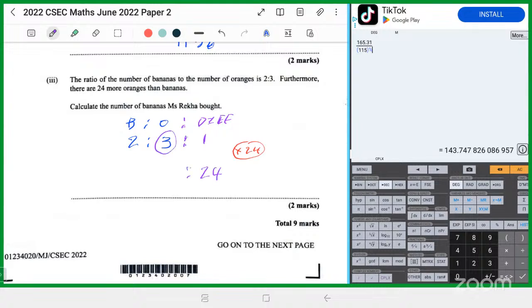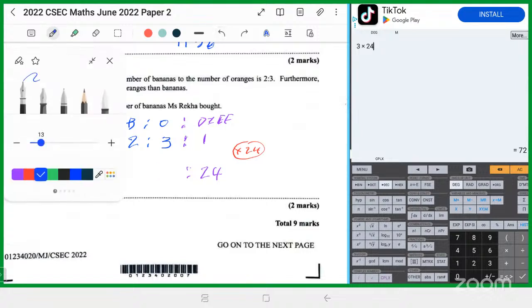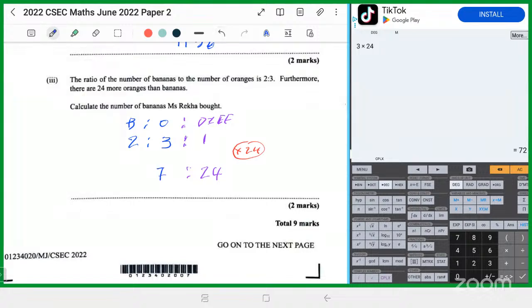This 3, sorry, becomes 72, because 3 times 24 is 72. And the number of bananas is now 48.